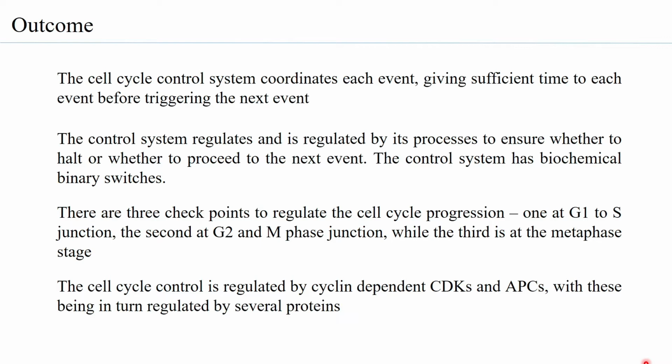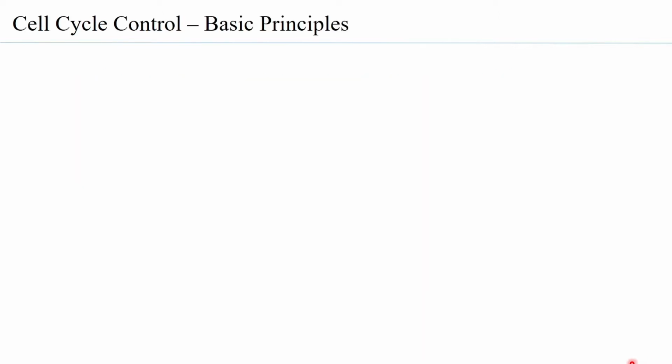So it is a kind of system where there is a hierarchy, and the hierarchy of the control is eventually regulating whether the cell is going to go for division or not. So we just look at the basic principles of the cell cycle control.